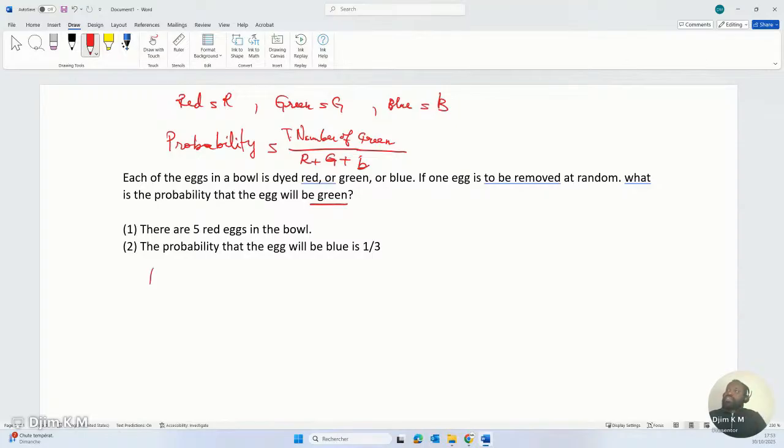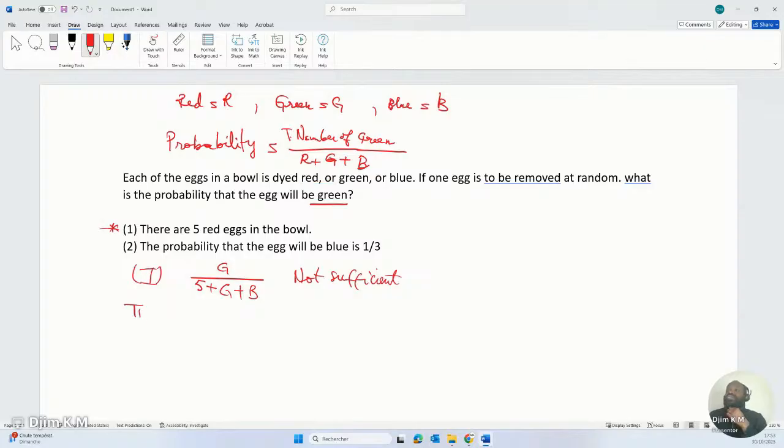So from the first condition, we do not have the number of green eggs. Okay. So we have the number of red eggs, 5, plus the number of green eggs is unknown, plus the number of blue eggs is also unknown. Okay, so this is not sufficient.